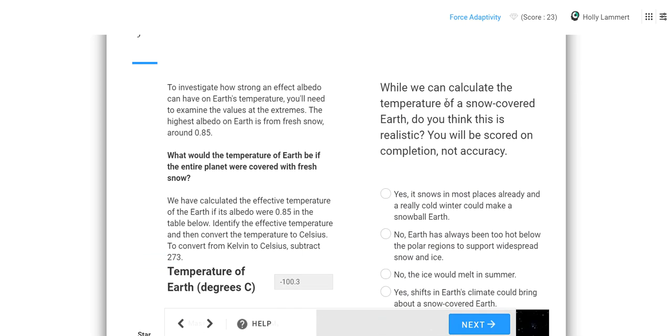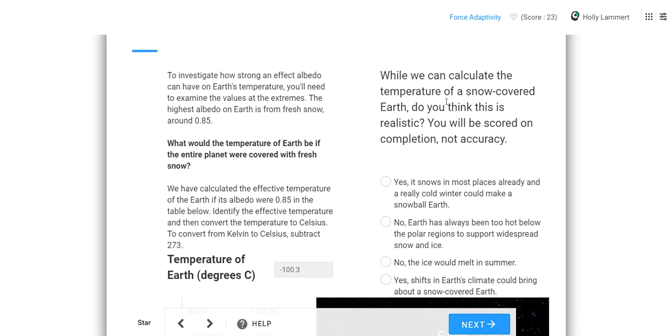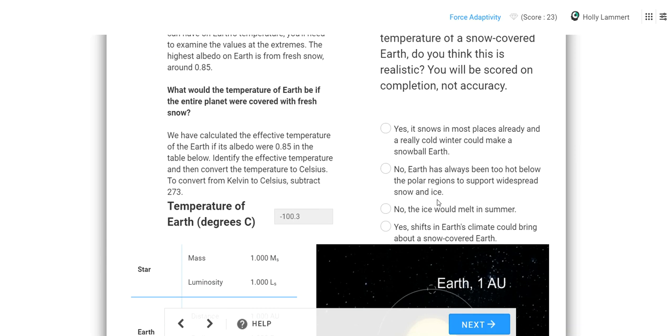While we can calculate the temperature of a snow-covered Earth, do you think this is realistic? Okay, so what do you think? Yes, it snows in most places already and a really cold winter can make a snowball Earth. No, Earth has always been too hot below the polar regions to support widespread snow and ice. No, the ice would melt in summer. Yes, shifts in Earth's climate could bring about a snow-covered Earth.